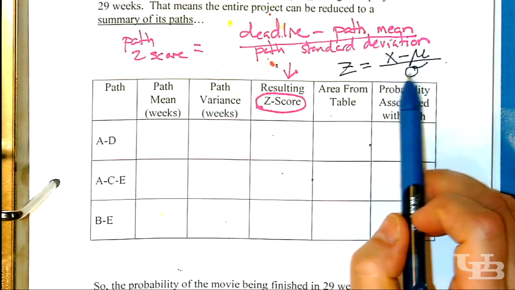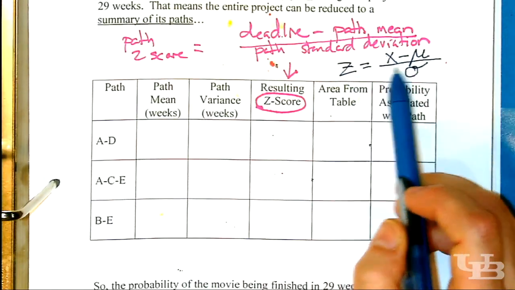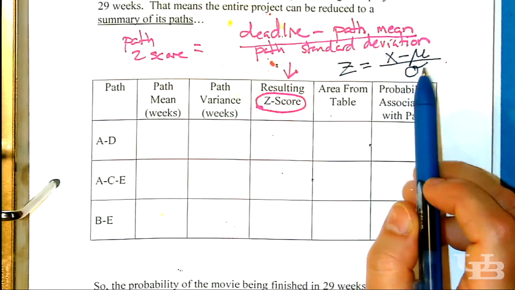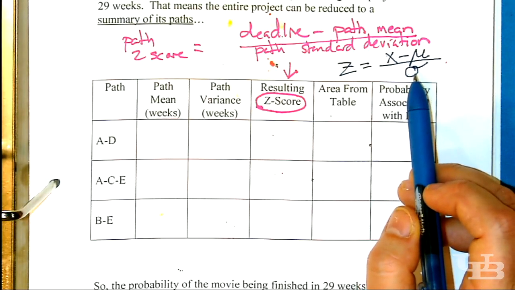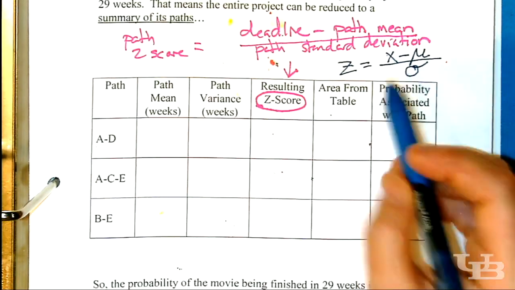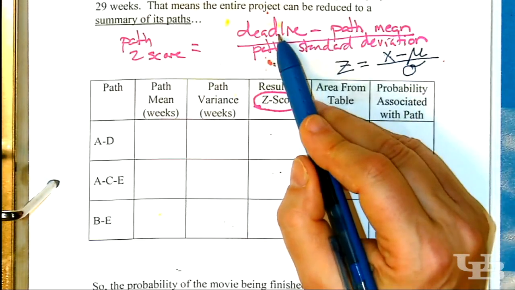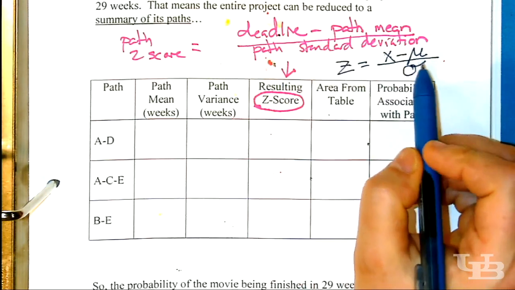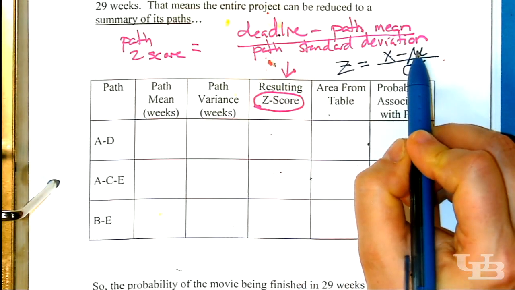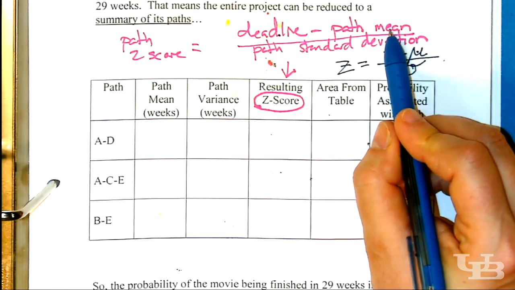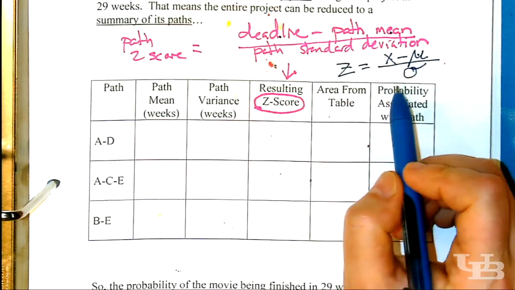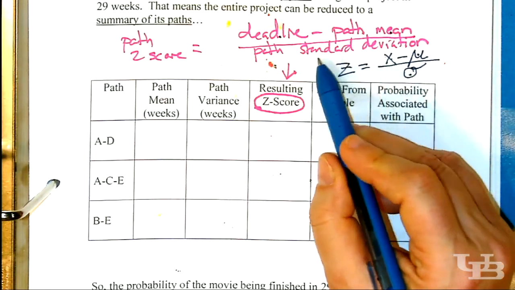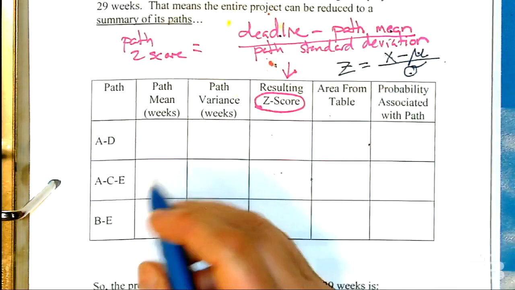We're actually going to work with z values and z tables more than once in this class. You have seen it in other classes. Now, x, the number I'm interested in here, is the deadline, 29. Mu, the center of my curve, is the path mean or the path average. And sigma is the path standard deviation. All right, so here we go.